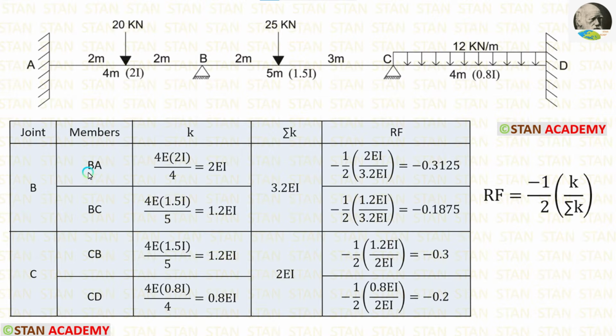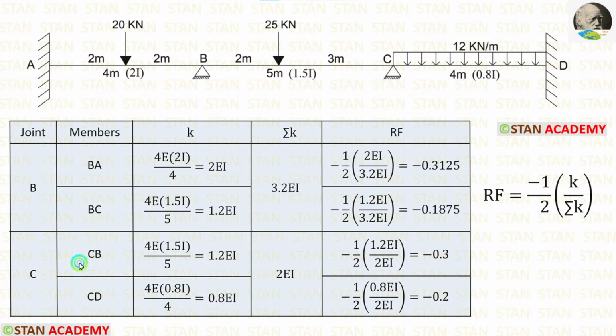First, let us calculate the rotation factor for BA. For BA, K is 2 EI, sigma K is 3.2 EI. When we apply inside the formula, we are getting minus 0.3125. Now, let us calculate for BC. For BC, K is 1.2 EI, sigma K is 3.2 EI. When we apply inside the formula, we are getting minus 0.1875.